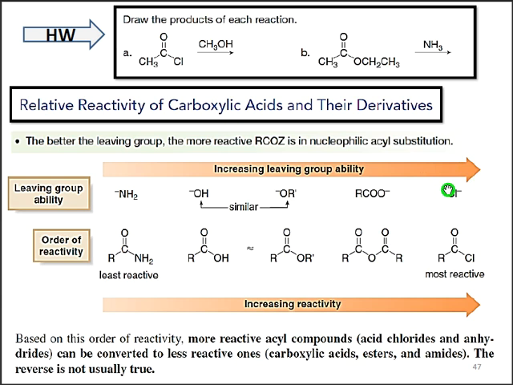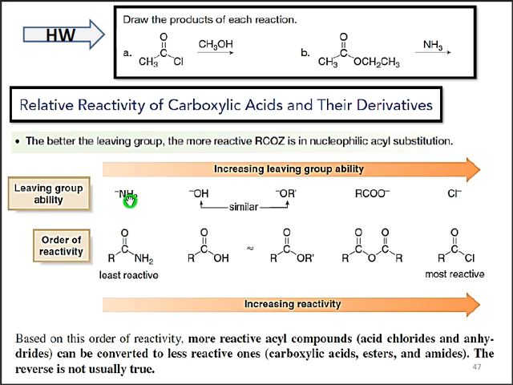nucleophile. Now, for this reason, the carboxylic acid derivative with the halogen leaving group, that means we are talking about the acid chloride, will be more reactive than the NH2 one. Why? Because it will be easy to remove from the structure. Yes, the halogen atom will be easier to remove from the structure than the NH2 group.